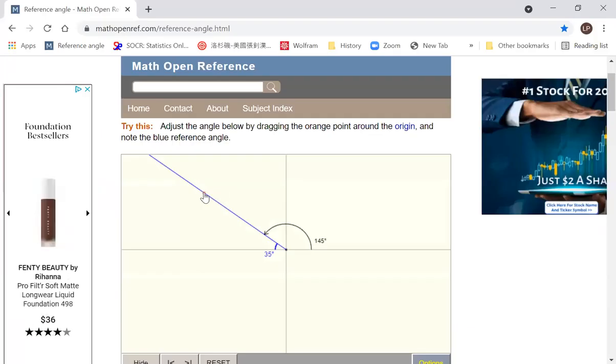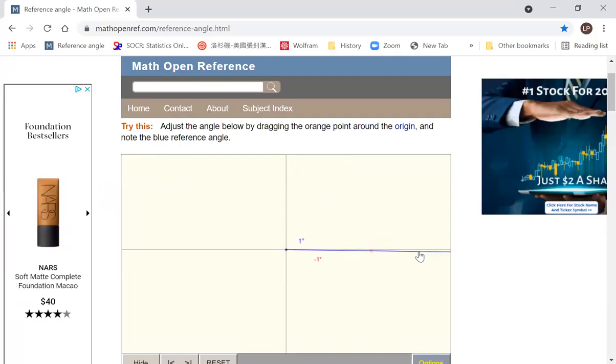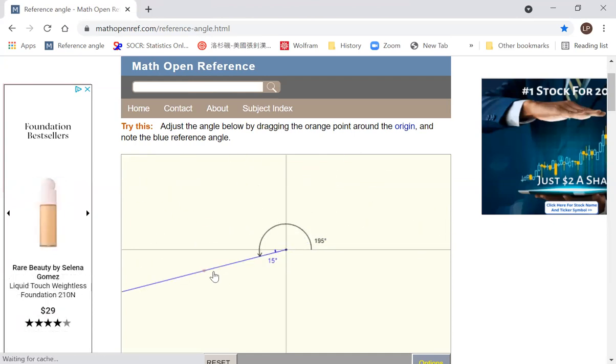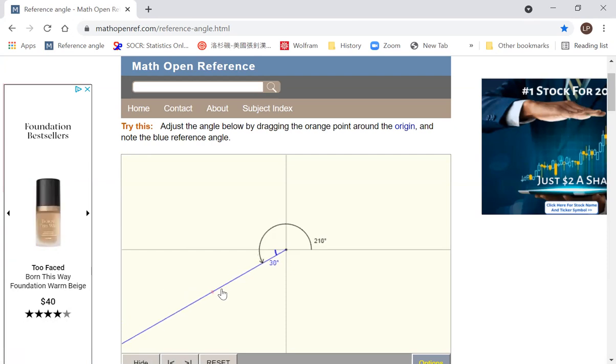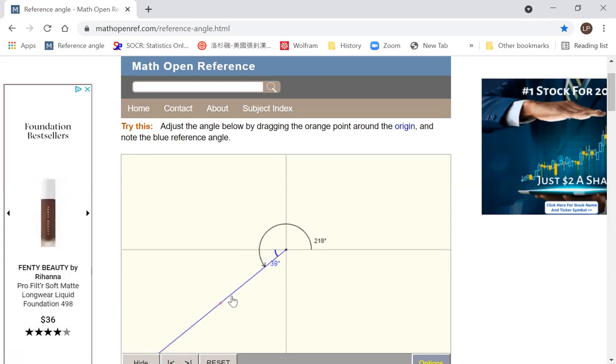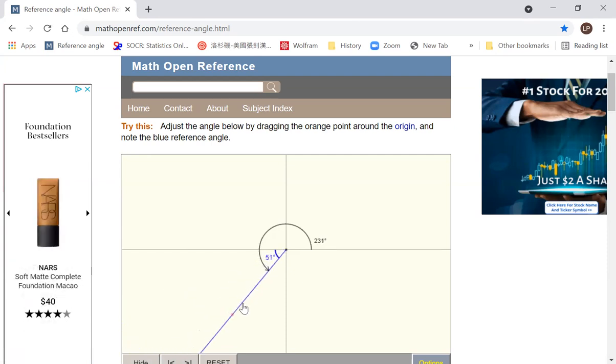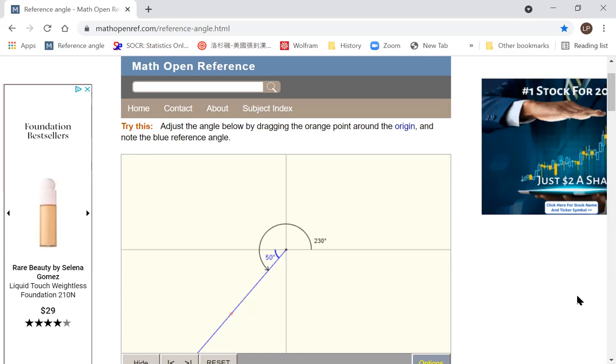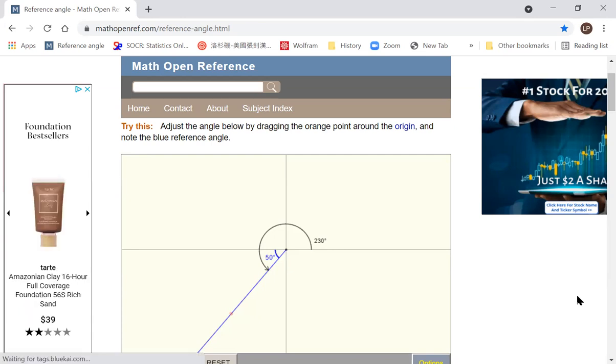Starting from standard position, we measure 230. The reference angle is what? Is 50 degrees. Ah, he corrected himself. Okay, he corrected himself, 220.